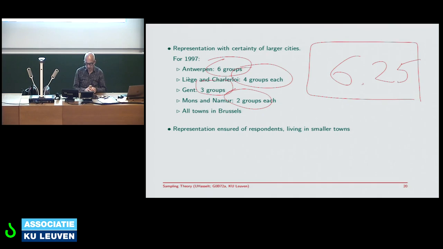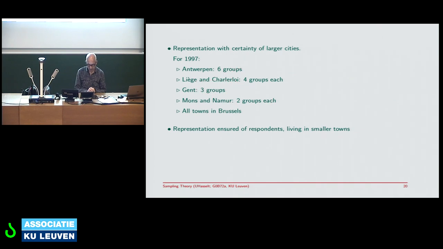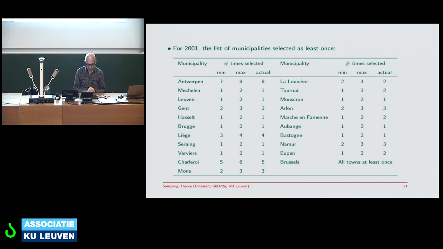That's what we mean. The moment the probability goes above 1, for example 1.1, that means 1 group for sure, and with a 10% chance there is an additional group making it 2, but 90% chance it will stay at 1 group. Okay, so this is for 2001, the range of selection.